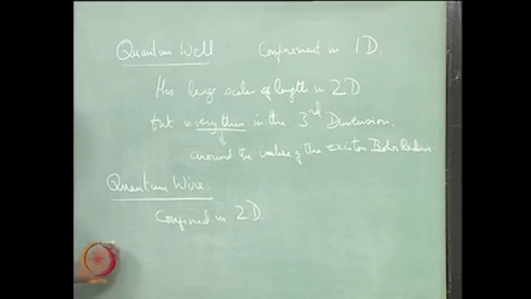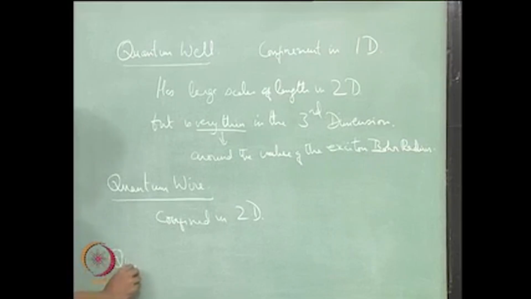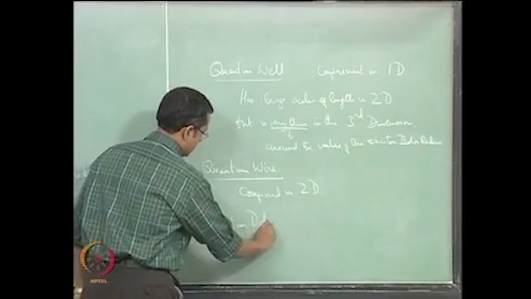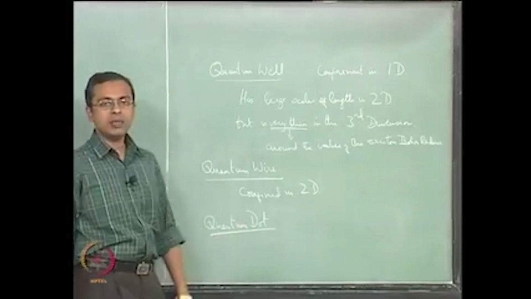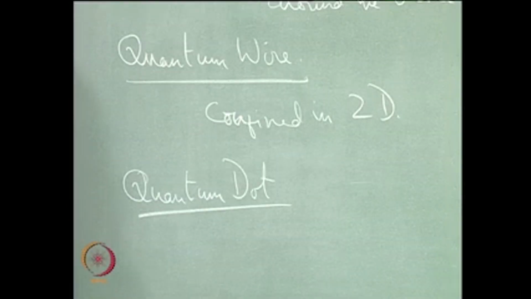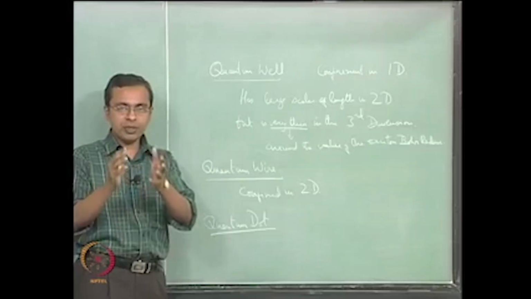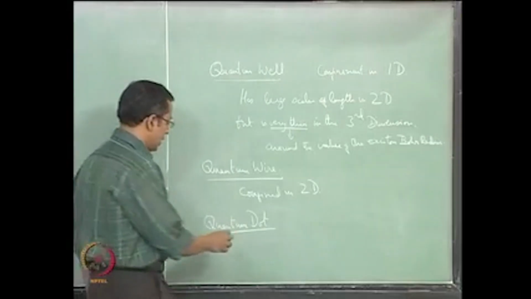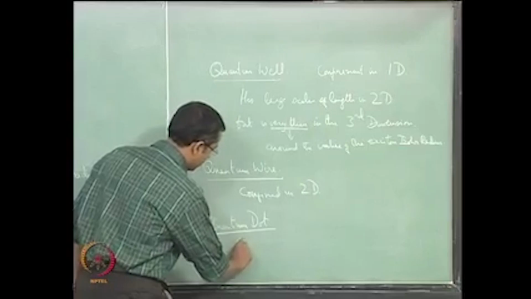And finally we have something that we call a quantum dot, where essentially you are trying to make an extremely tiny particle of the material such that in all 3 dimensions it is confined to near about the exciton Bohr radius or even less. Okay, so confined in all 3 dimensions.